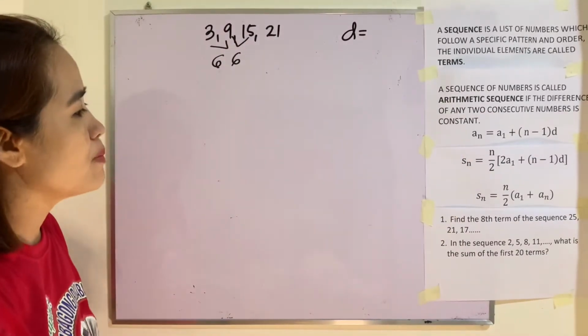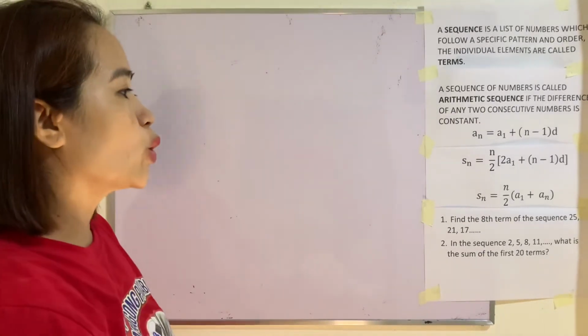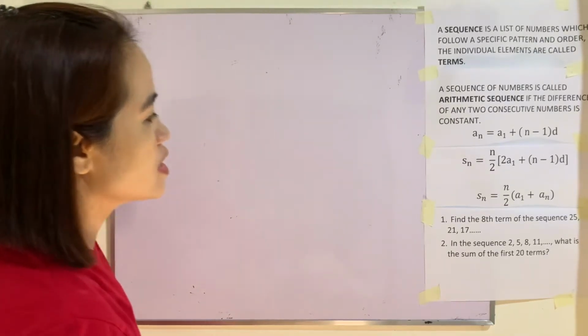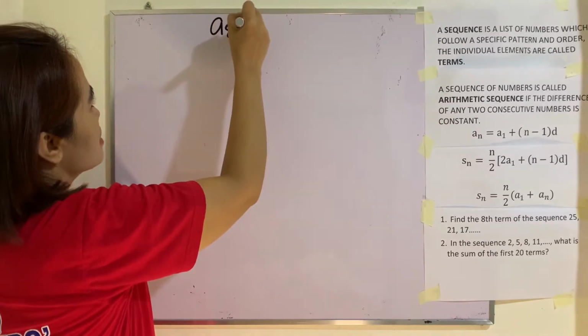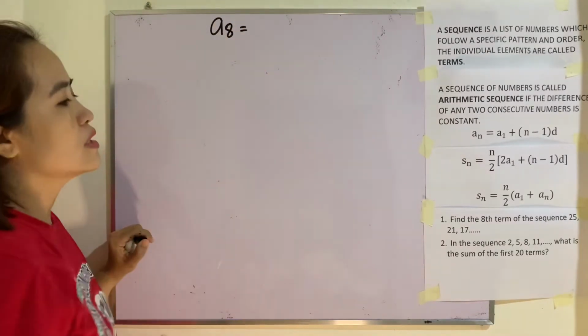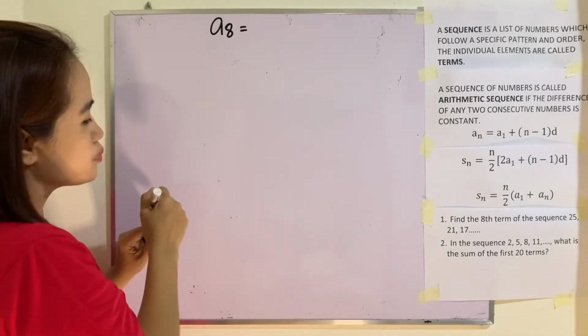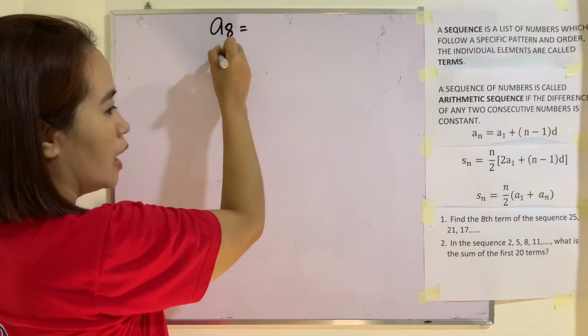Let's take example 1. Find the 8th term of the sequence 25, 21, 17. So we are looking for A sub 8. Let's give first the given. Identify the given. So we have here the d.